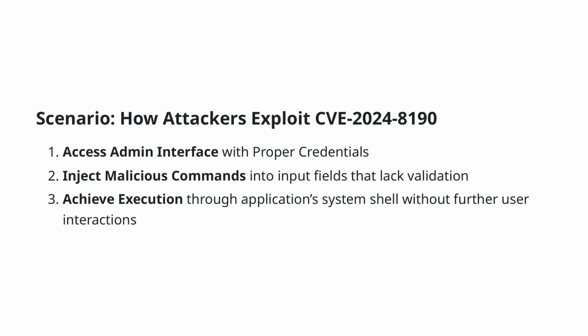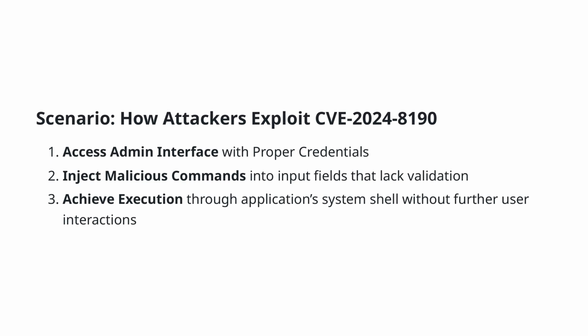In this slide, we will examine a scenario in which attackers could exploit CVE 2024-8190. First, they gain access to the administrative interface, utilizing valid credentials, which might have been obtained through various means, such as phishing or other credential theft techniques. Once access is granted, attackers can inject malicious commands into input fields that do not have adequate validation checks.